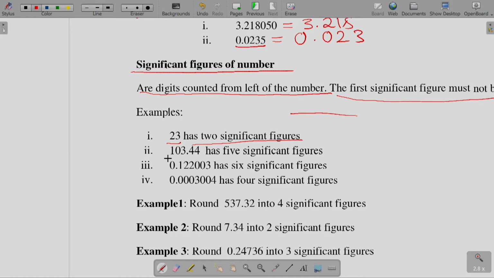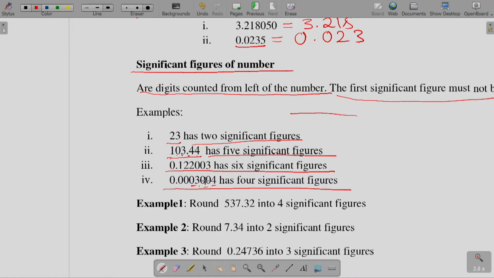Also, this number has 5 significant figures, which are 1, 0, 3, 4, and 4. And this number has 6 significant figures, and the last one has 4 significant figures, which are the first one, the second one, the third one, and the fourth one.